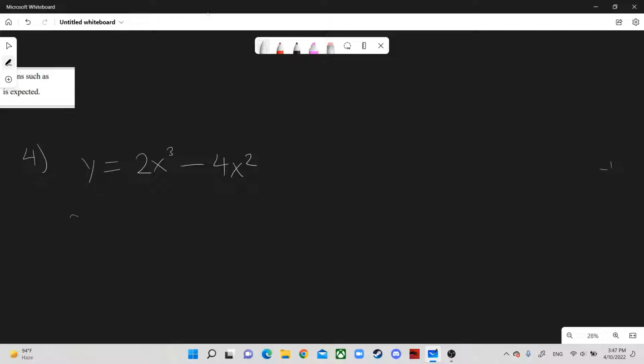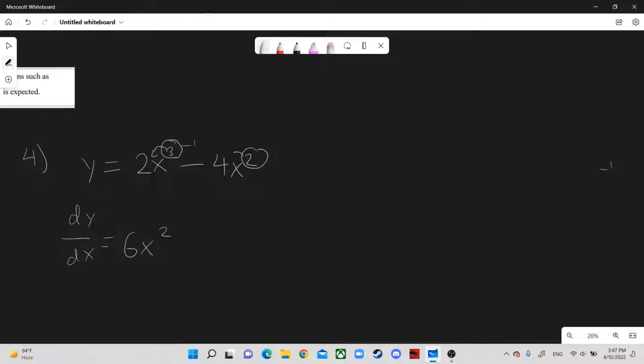So you differentiate y, you get dy dx. Okay. Now since we have two terms here and a minus sign in between them, we just do it step by step. So we see this 3 here, bring it to the front. So we get 2 times 3 in the front, which is 6x, and then minus 1 from the power. That's 2.